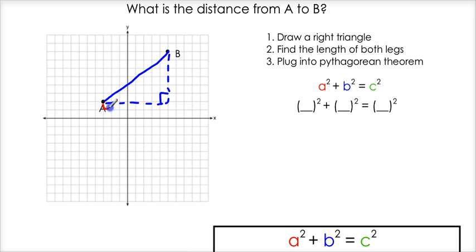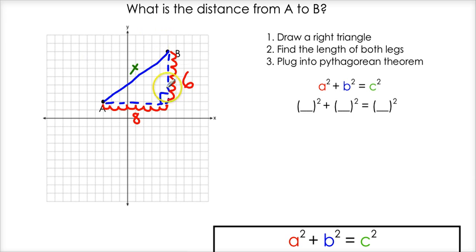So the length of this leg, 1, 2, 3, 4, 5, 6, 7, 8, is 8. And the length of this, 1, 2, 3, 4, 5, 6, is 6. So now I know I have a right triangle with legs 6 and 8. And the distance between the 2 points is our hypotenuse, x.